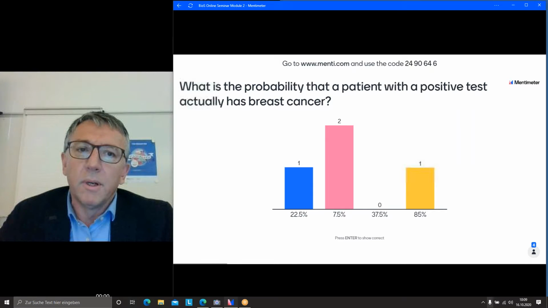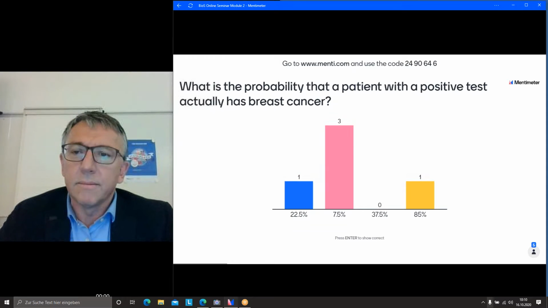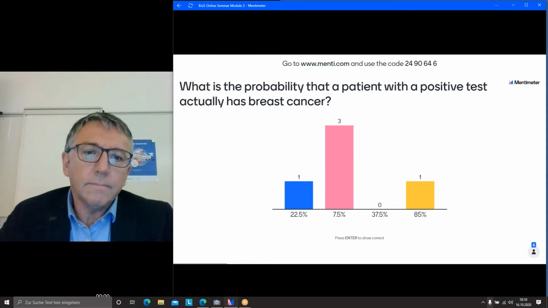What is the probability that after a positive test you actually have breast cancer? Please use the Mentimeter with the code above to give your answer.